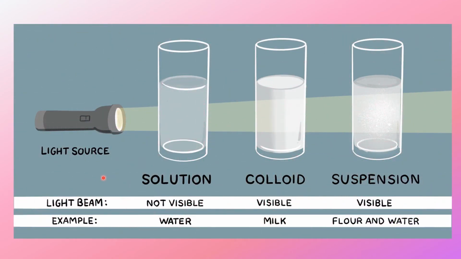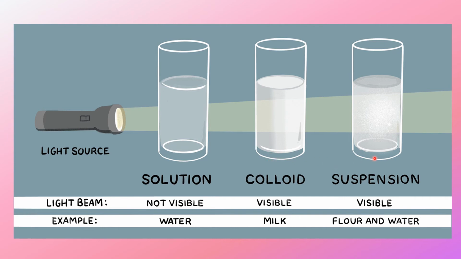We'll see one activity. If you take 3 glasses, in the first glass water, in the second glass milk, and in the third glass flour and water, and then pass a beam of light through these 3 glasses, what will be the observation? In the first glass the light is not visible, and in the second glass the light is visible.